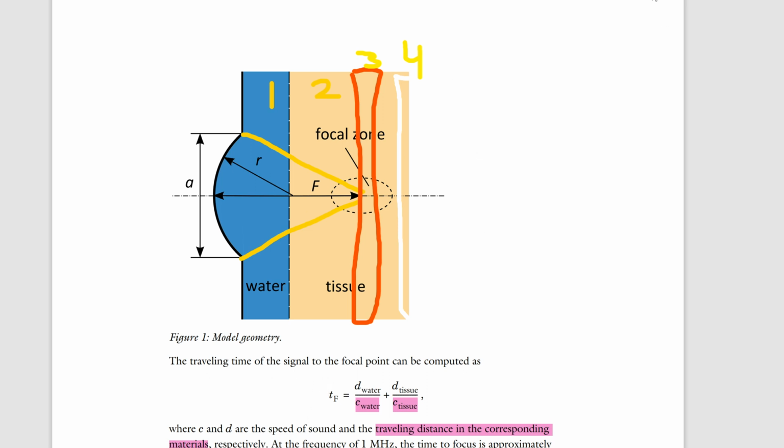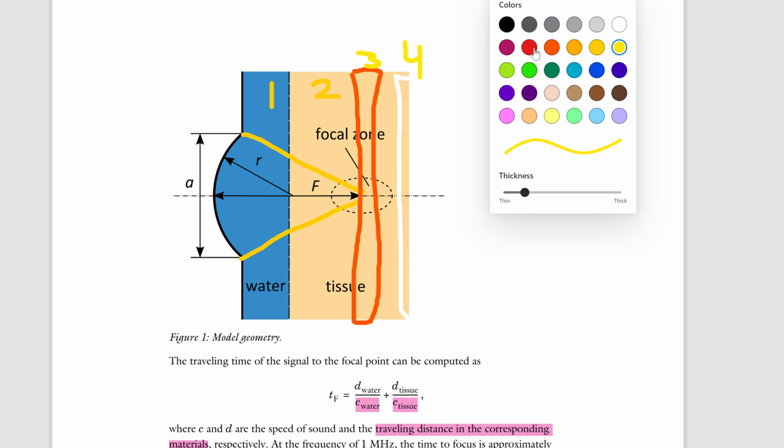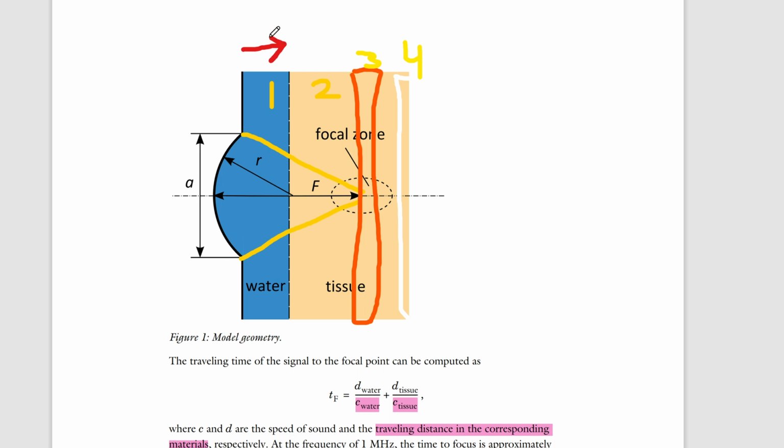This is very easy. I say very easy, and we're still on the second page. Time 1 here, I could say this is T1, and this is T2. Time through 1 plus time through 2 up into the focal point here.